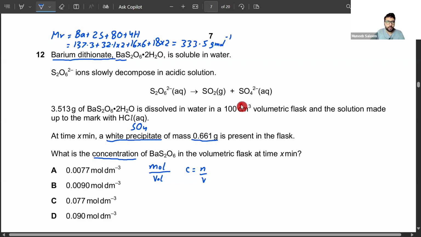Now we will calculate the moles of this barium compound, moles of BaS2O6. I'm not writing the full formula, but it's clear. The answer can be calculated as the mass provided here, 3.153 gram, divided by the value which we have calculated, 333.5.